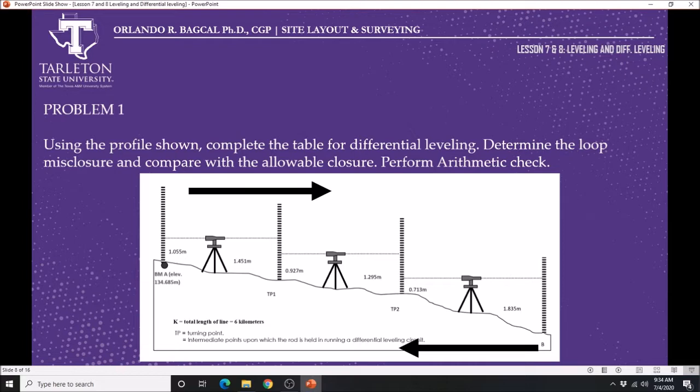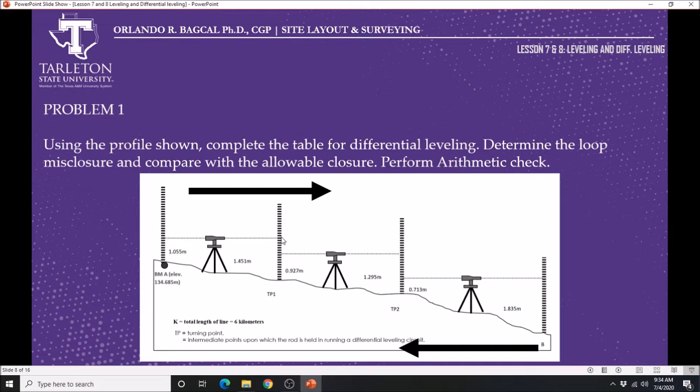What does that mean? The locations of your benchmark and the next point, the turning point, must be at least an equal distance from the center of the instrument.